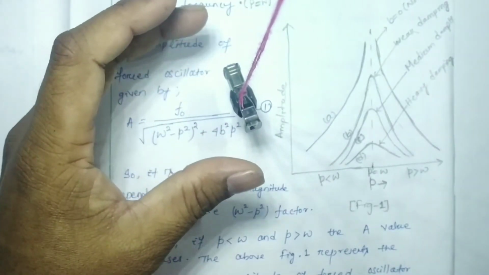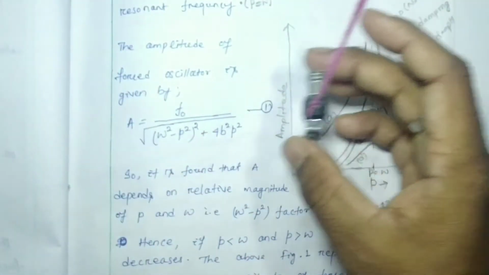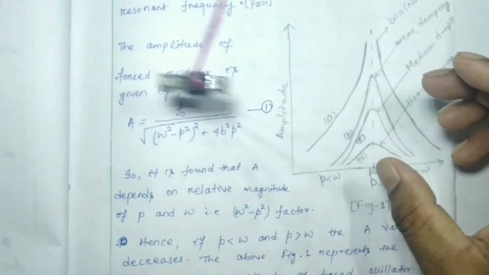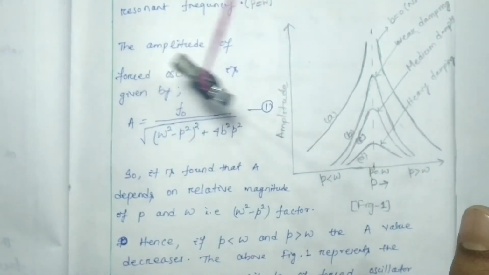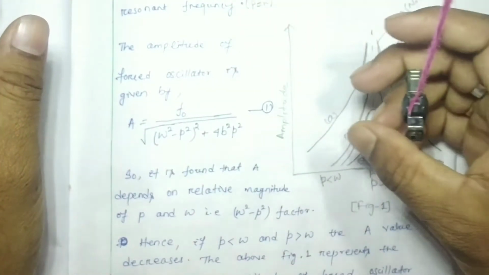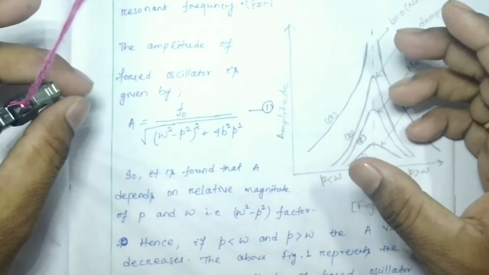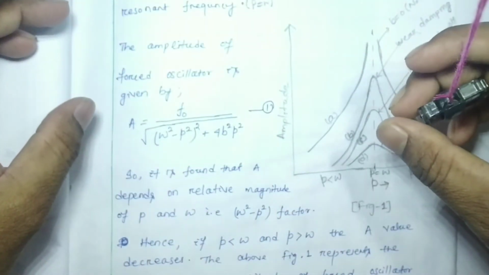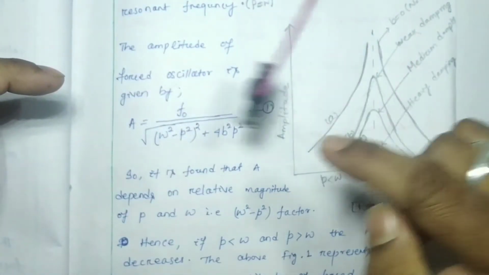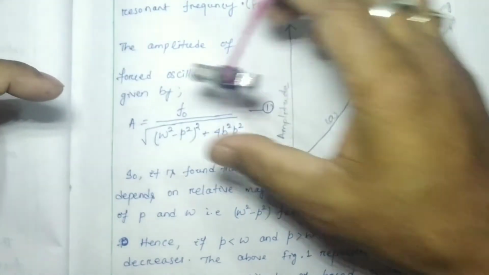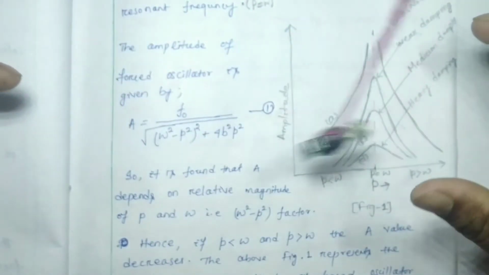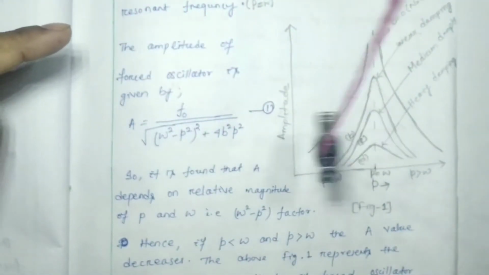Weak damping case means, suppose this oscillator is oscillating in an air medium. Here the oscillation starts, goes to the maximum amplitude, comes back again, goes to the maximum amplitude, coming back, like that.